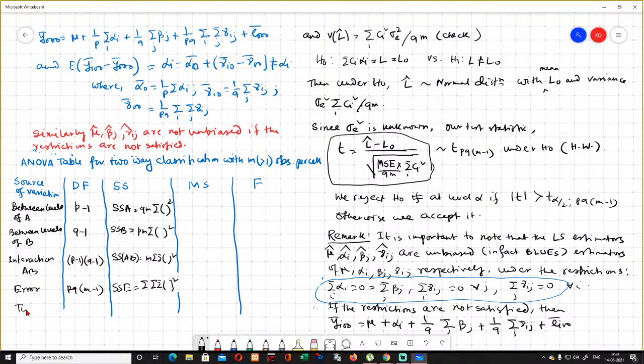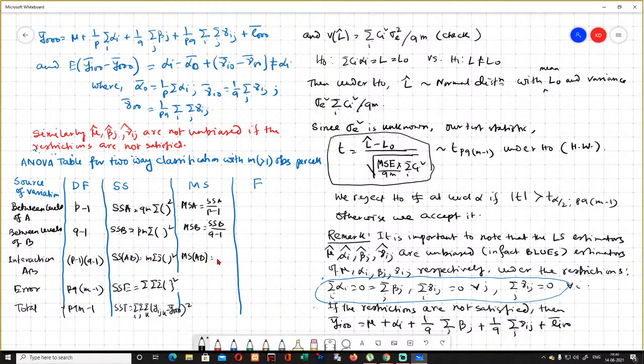Total has degrees of freedom pqm minus 1, and SST is the triple summation over ijk of y ijk minus y not not not bar whole square. MSA is SSA by p minus 1. MSB is SSB by q minus 1.